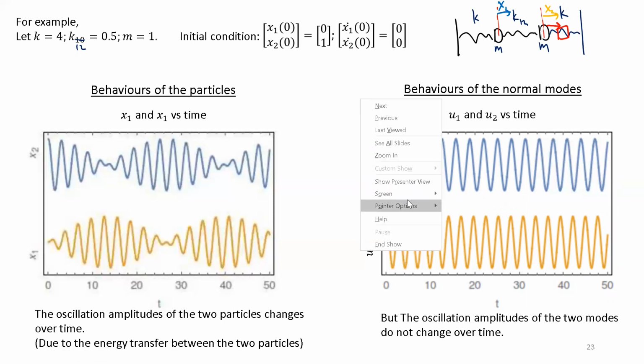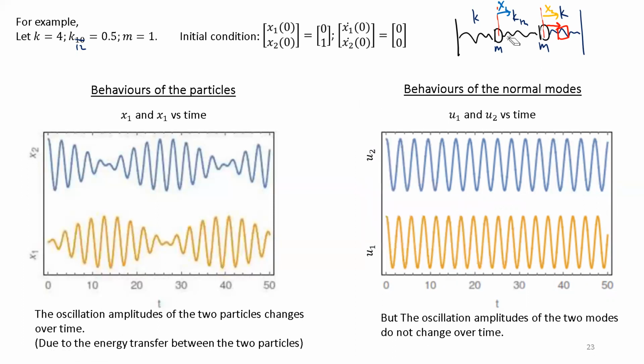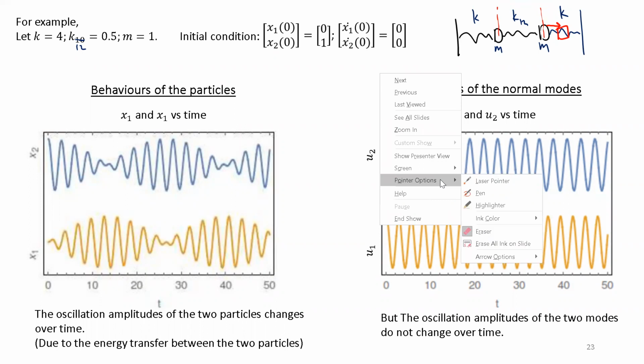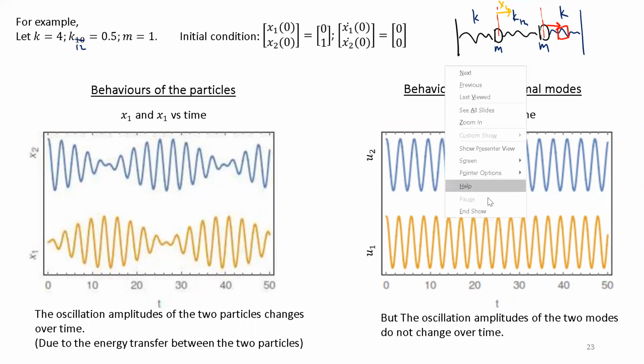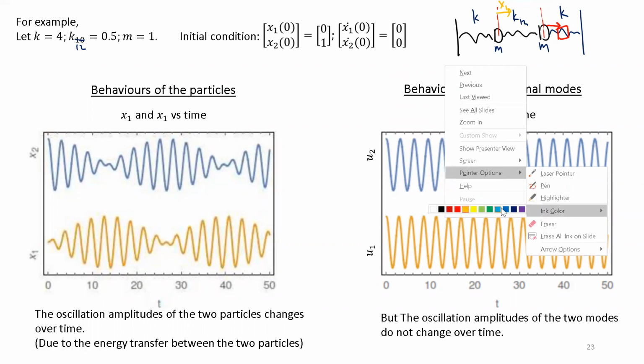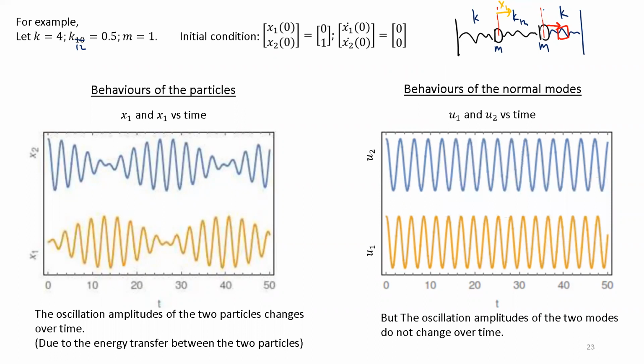It's the other way around. The yellow one is x1. The blue one is x2. This would be x1. This would be x2.